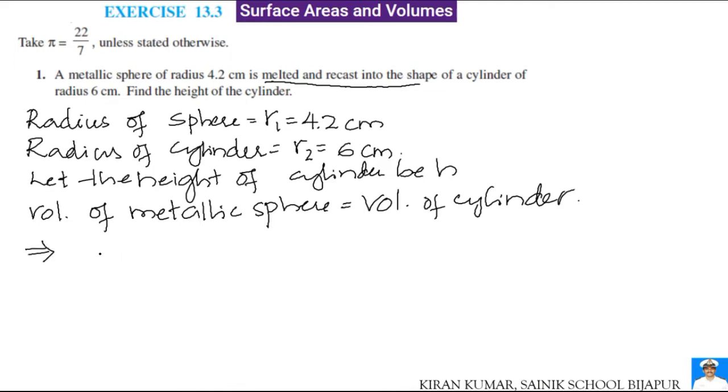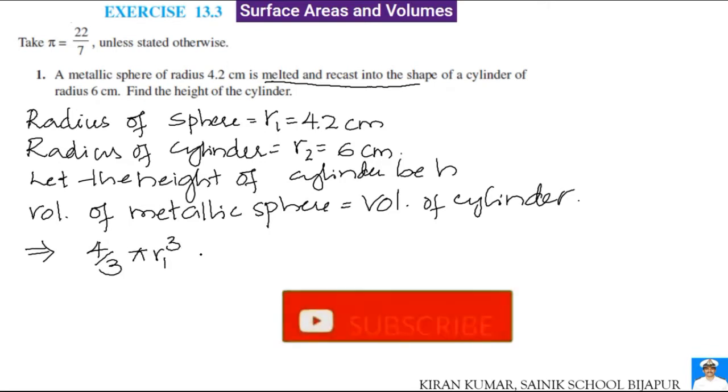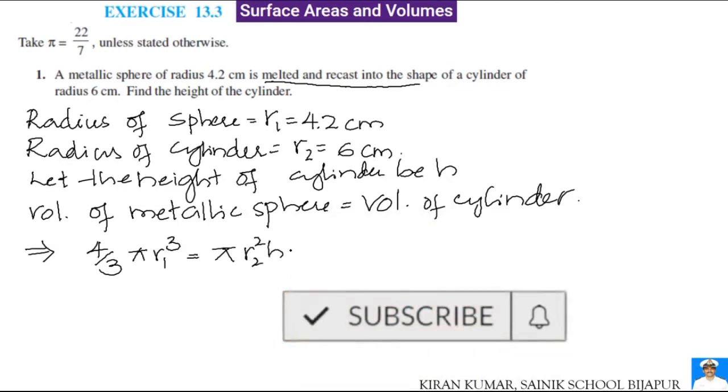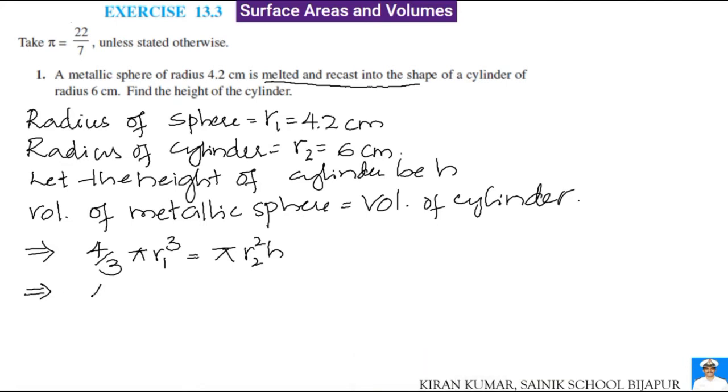Volume of the metallic sphere is 4 by 3 pi r1 cube, which is equal to pi r2 square h, which is volume of cylinder. So 4 by 3 into pi times of R1 is 4.2.